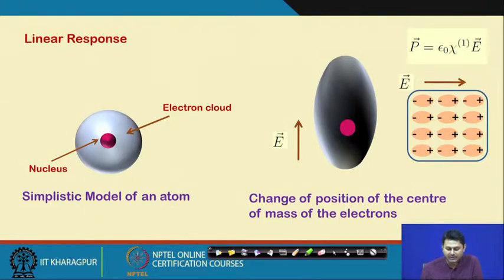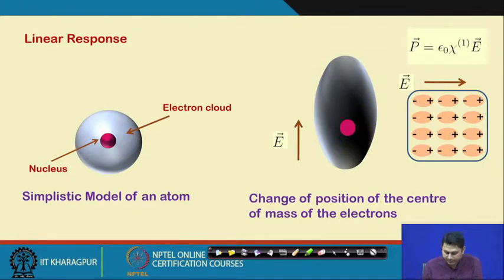Once the electron cloud is shifting from this nucleus, which is defined by the red dot here, there is a separation between the charges. The charge will be separated because the center of mass of the electrons has now moved to a different position.